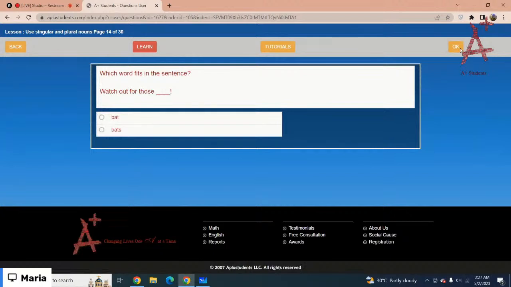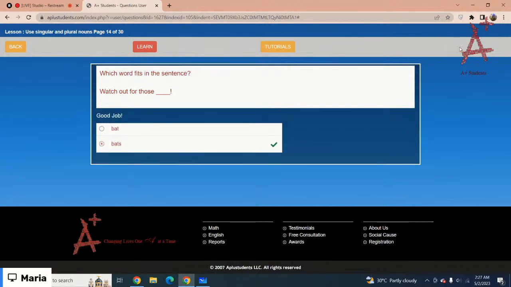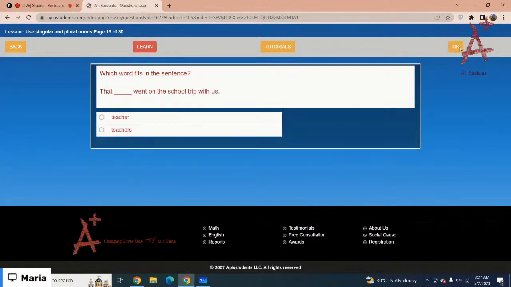Watch out for those dash. These and those both are used with plurals, so it would be those bats. That dash went on a school trip with me. That is used with singular, so it would be that teacher went to school.